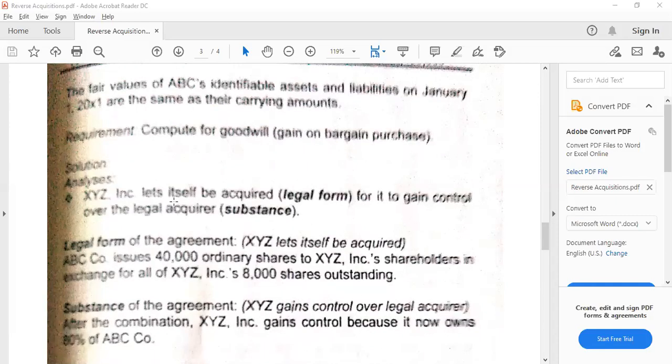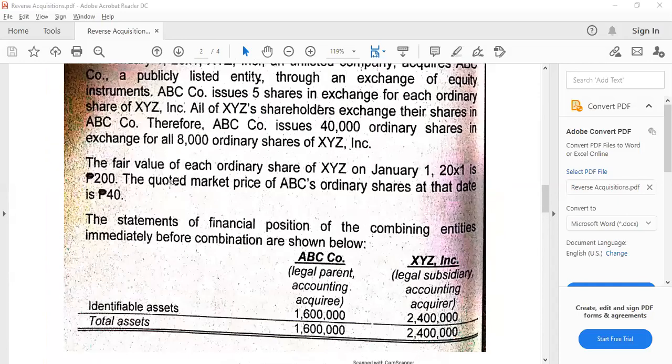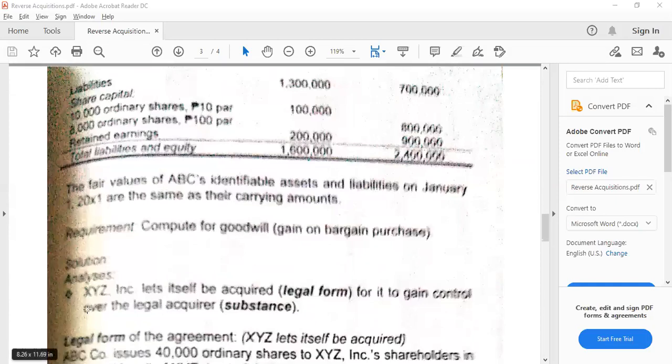So analysis, XYZ Incorporated acquires ABC company, and then it's ABC company that issues shares. So in that case, really, the point is that XYZ, being an unlisted company, wants to become public.